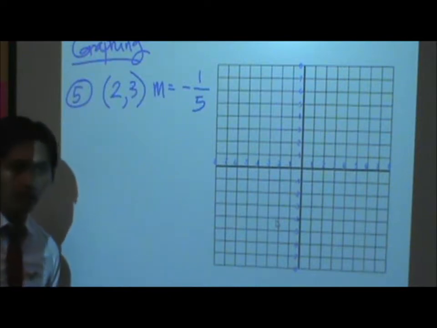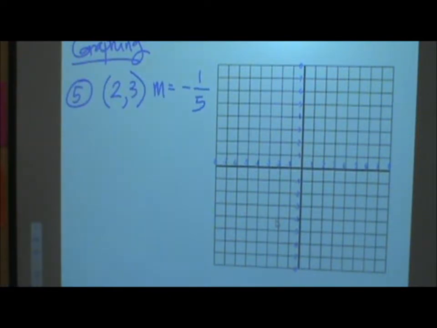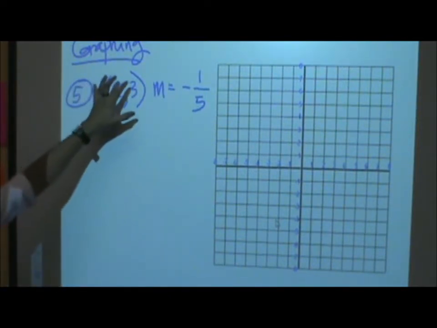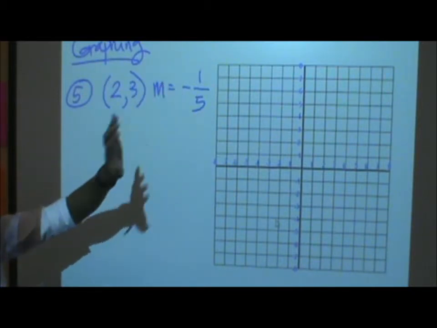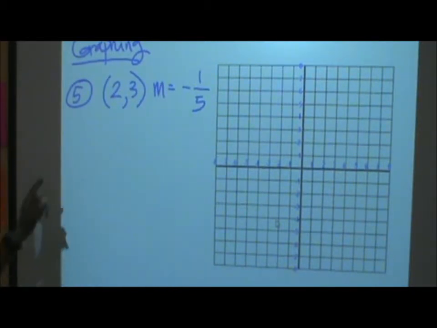It's actually easy, okay? It's actually easy because the point is given and then you apply the rise over run and then we're done. Okay, let's try this.